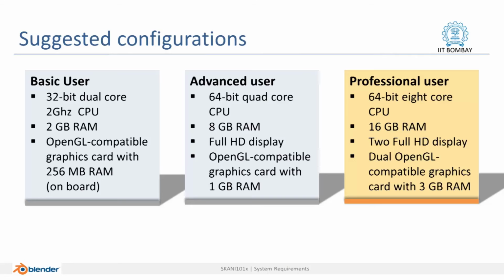However, for the professional level, you require the third level of hardware configuration. What is that? For a professional user, it is recommended to have a 64-bit 8-core CPU, 16 GB of RAM, 2 full HD displays, like I said earlier, in terms of the messiness of the software, it is easy to have 2 displays and remove the clutter from one screen, and a dual OpenGL compatible graphics card with 3 GB of RAM.